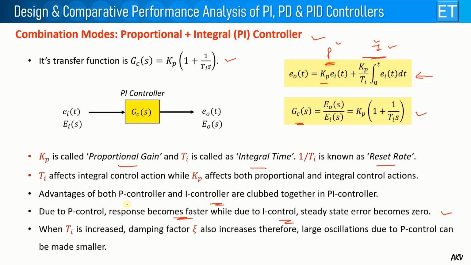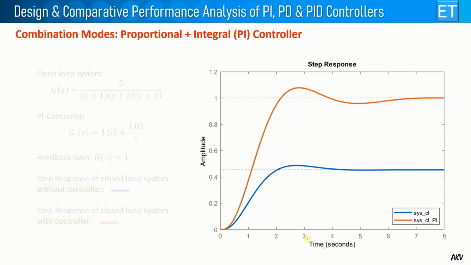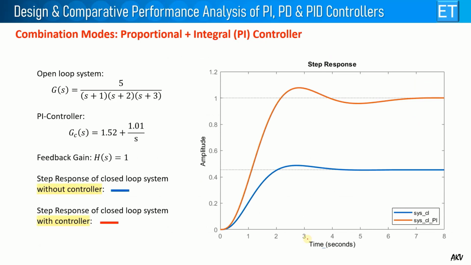So when T_I is increased, the damping factor zeta is also increased. Therefore, because of the large zeta, the oscillations are also reduced. So that makes the system more stable. So here we can compare the responses. For the same plant transfer function, we take this transfer function of our controllers.